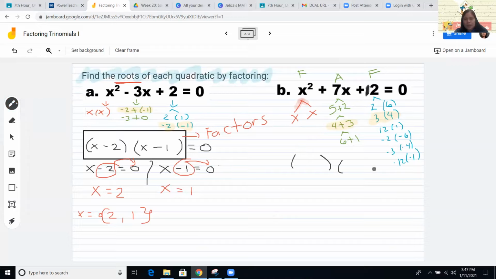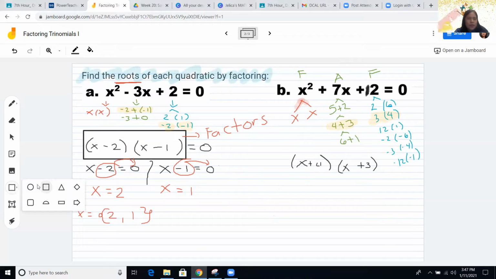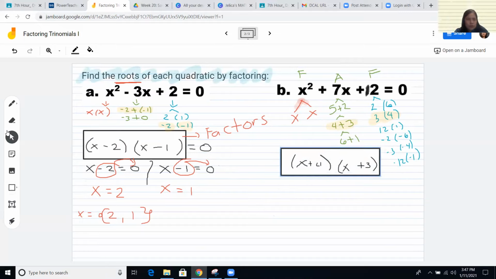When you see the common numbers, you will just distribute the x and then another x, and then we have positive 3 and positive 4 on the other side. Positive 4 and then positive 3. So these are all the factors now. We can highlight the factors. We already found the factors, but the problem is we're looking for the roots. So we will use those factors to find the roots.